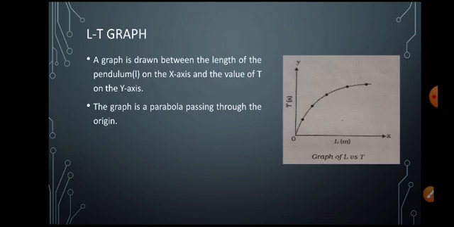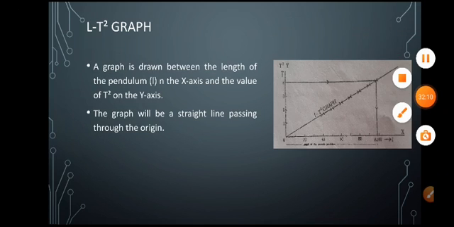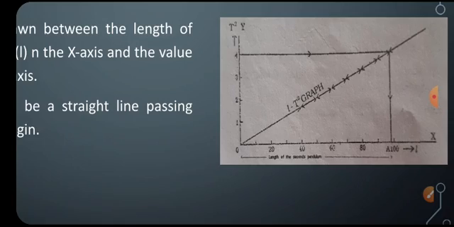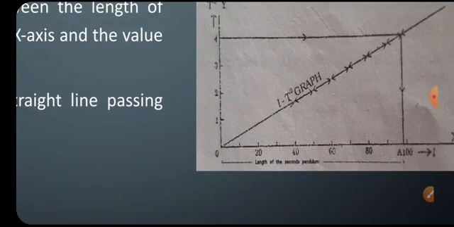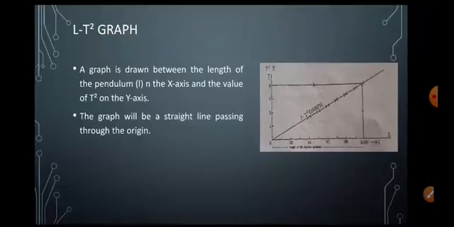So L by T square and L-T graph, both graphs we have. The L-T square graph is a graph drawn between the length of the pendulum and T square, the time square values. The L can be taken on the x-axis and T square can be taken on the y-axis.